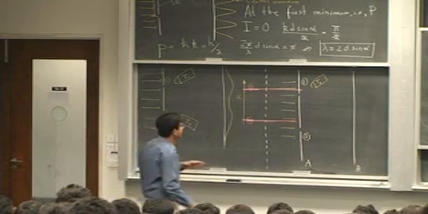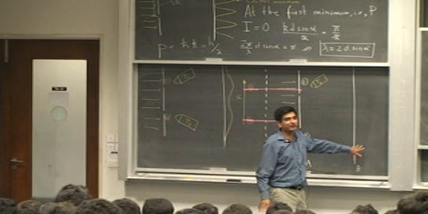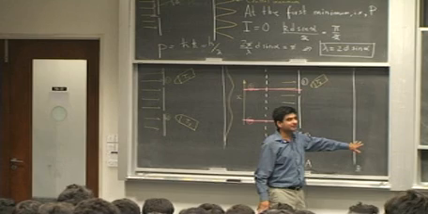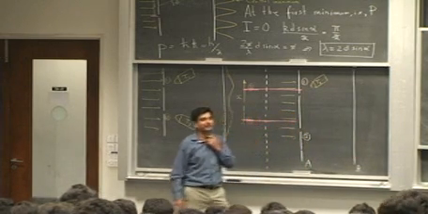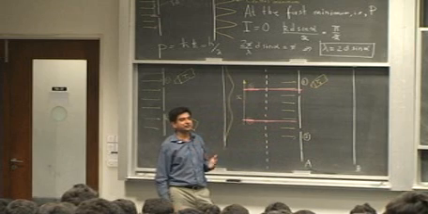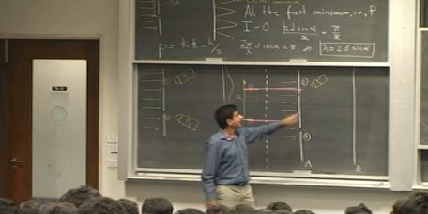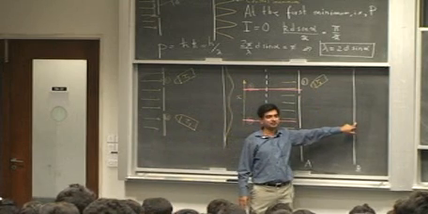Do you observe an interference pattern build up on the screen? No or yes? Partly? Yeah, partly. So what's going to happen here is something very interesting. First of all, if this telescope clicks, this screen will not click. Right?